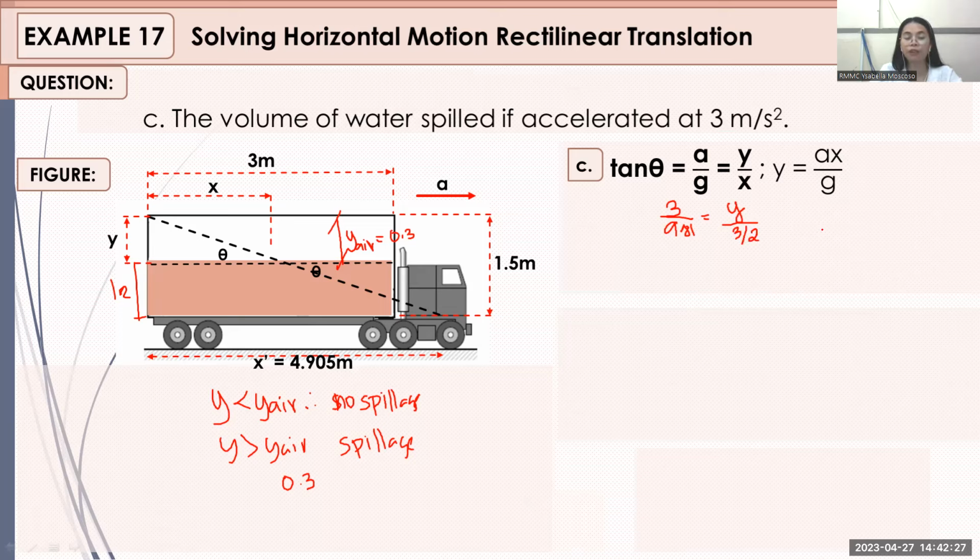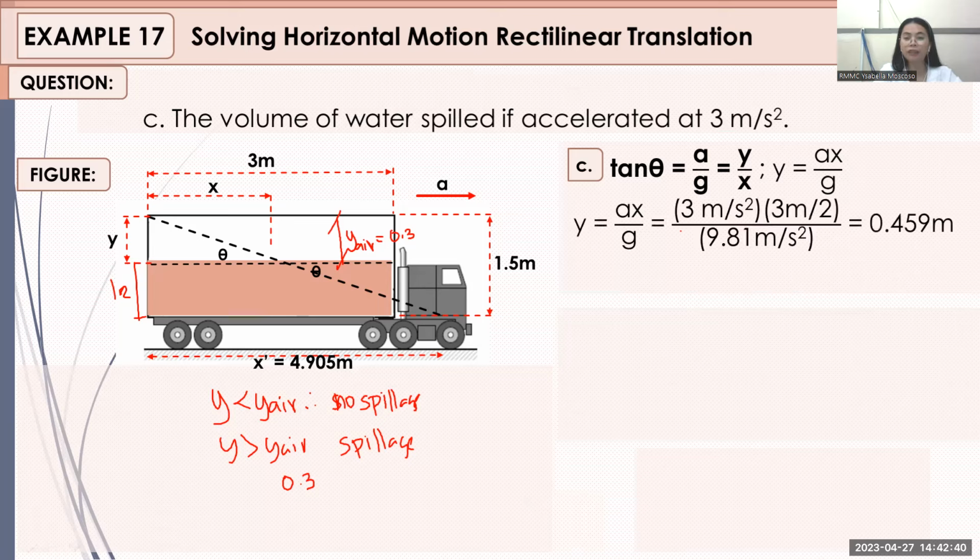Okay? Pagkakuha yung value ng y, and as per my calculation, tingnan natin baka iba lang yung decimals ninyo, but it's okay. At least yung principle lang yung ma-adapt ninyo. I got 0.459. So, yung y natin dito is 0.459. So, what is the conclusion here? That is greater than.